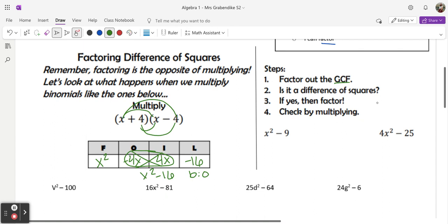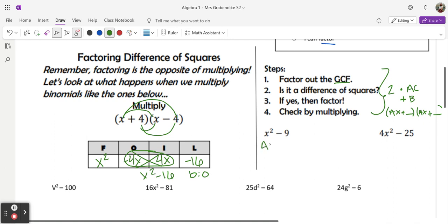Double check this. If you don't want to do this, then of course you just find your two numbers that multiply to AC and add to B. And then you have your two parentheses, just like normal.